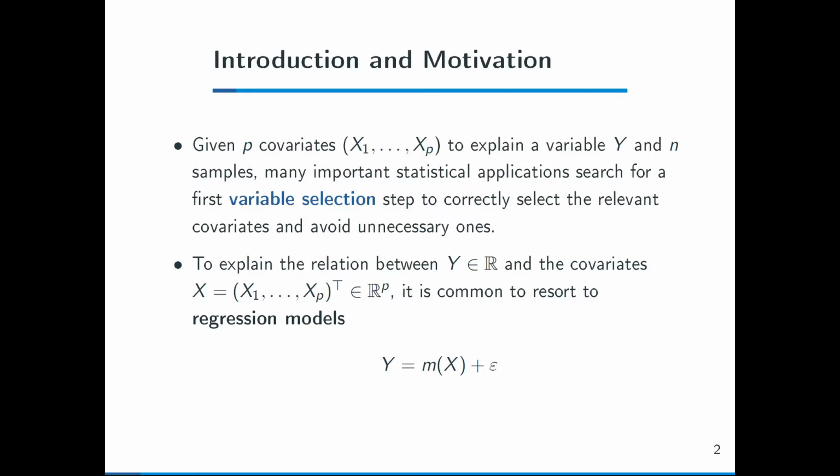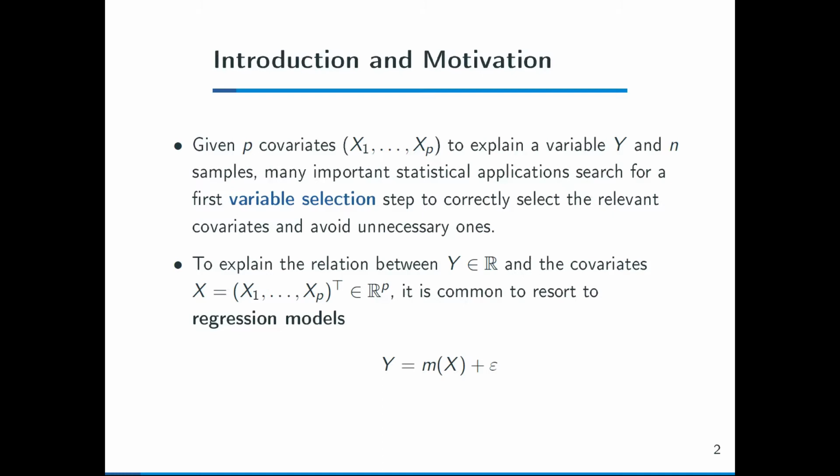If we have P covariates, which we denote by x1 to xp, and we are interested in explaining a variable of interest Y, it is quite common in statistics to implement a first variable selection step, where only the relevant covariates among the P available ones are selected and noisy ones are discarded. In order to perform this selection step, it is quite common to make use of regression models.